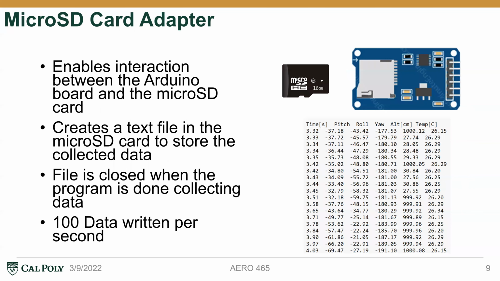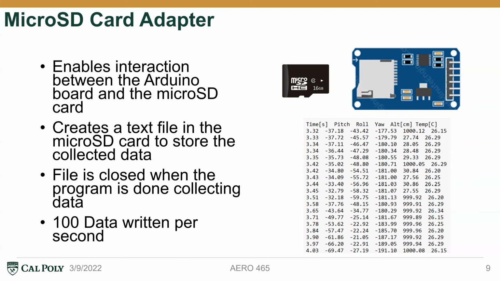Moving to our micro SD card adapter, it is set up as shown in the top right of the slide. You can see it's a pretty simple chip that has 6 pins, and we insert our micro SD card into that adapter.